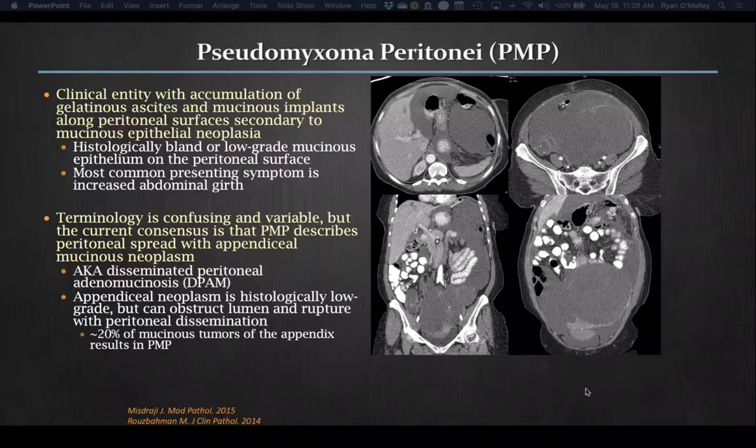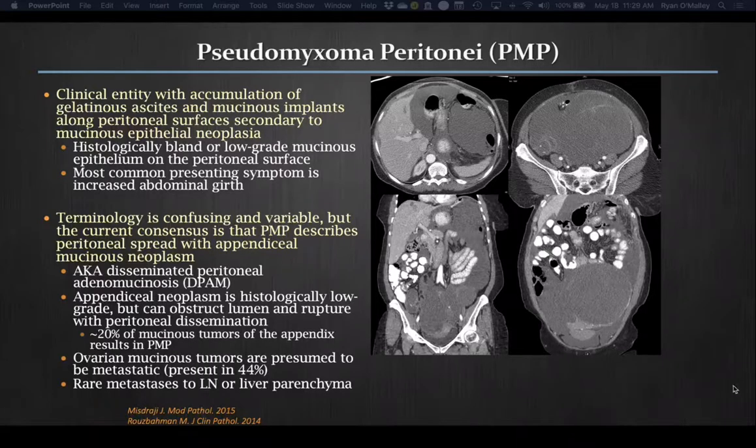About 20% of the appendiceal tumors will result in pseudomyxoma. These often coexist with ovarian tumors, which were initially considered to be another primary in addition to the appendix. Now the pathology literature suggests that if they present with ovarian tumors, those are presumed to be metastatic as opposed to another primary.